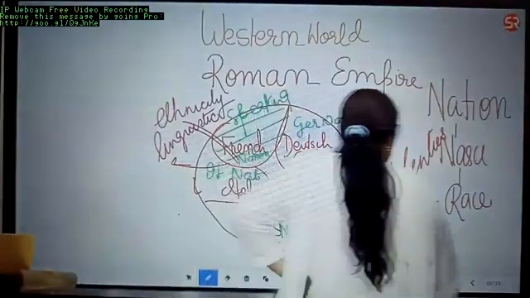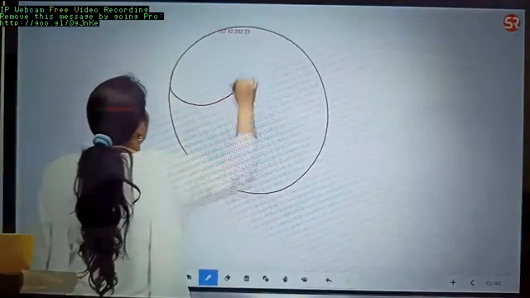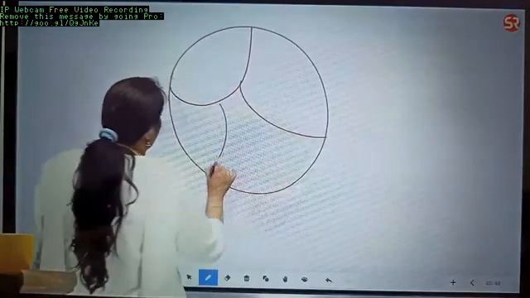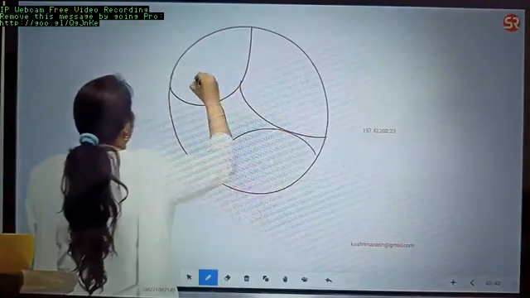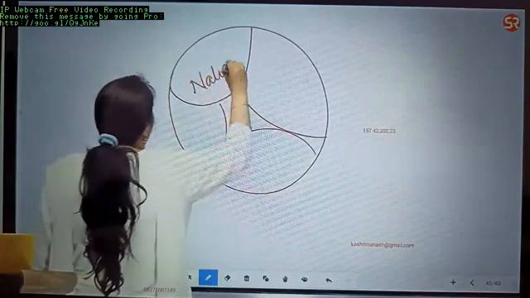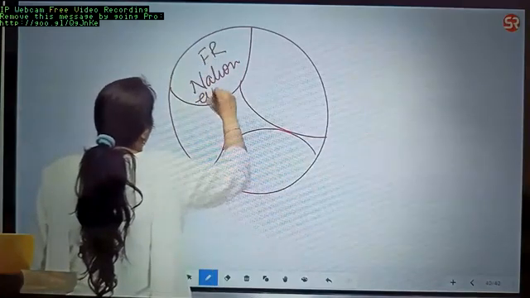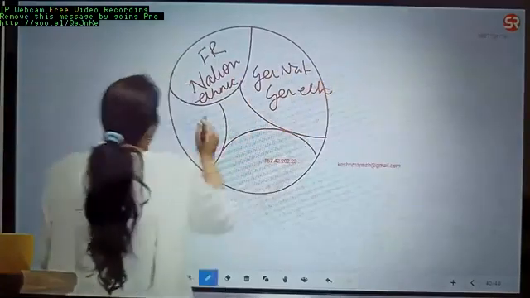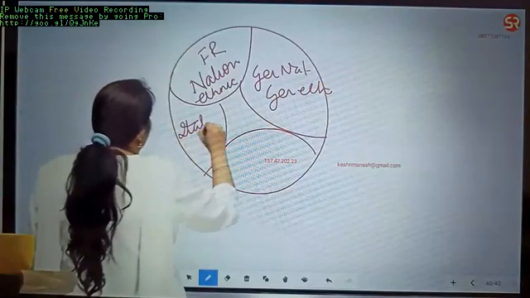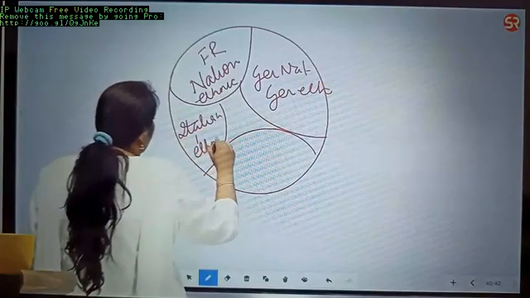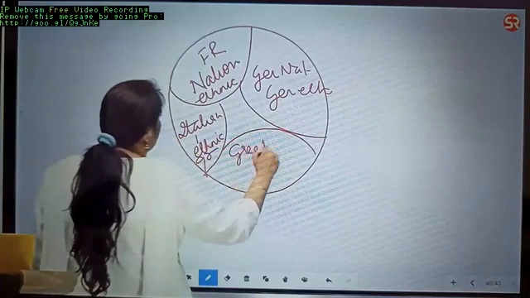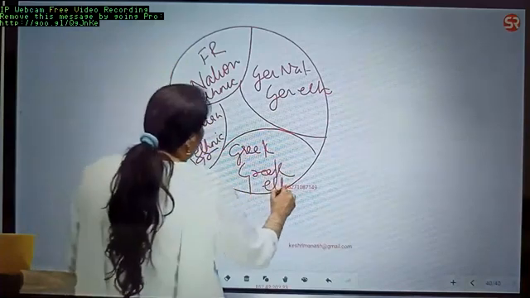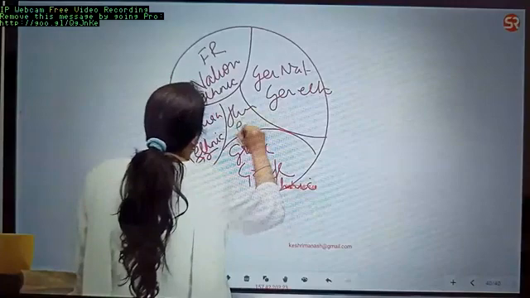So as the European empire became big and difficult to manage, out of this Roman Empire came the French nation, meaning the French ethnic group, German nation, German ethnic group, Italian nation, Italian ethnic group, Greek nation, Greek ethnic group, Hungarian ethnic group.